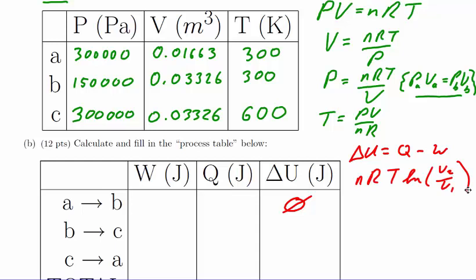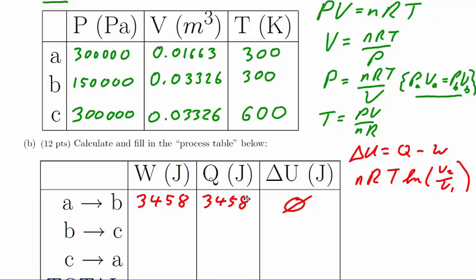In this case, volume 2 is volume B, volume 1 is volume A, and we'll be able to easily calculate the amount of work done as 3458 joules. When delta U is 0, Q is the same as W, and therefore the heat transfer is also 3458 joules.